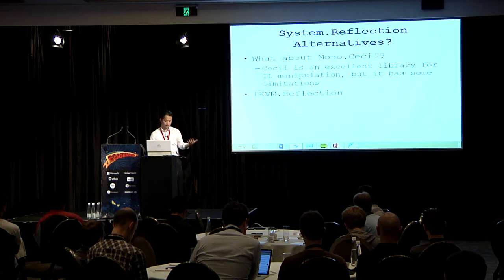Now, I can't go without explaining some of the alternatives. For example, I have worked with Cecil, and Cecil's a great tool if you just want to work with IL. But there are limitations in that it doesn't really support this kind of metadata manipulation.